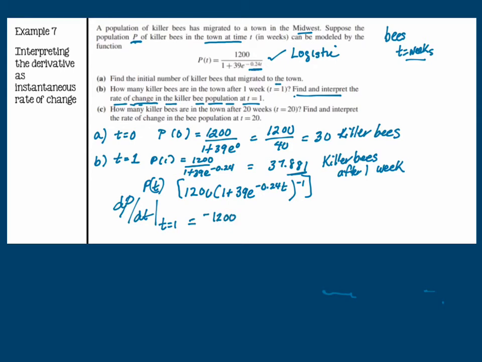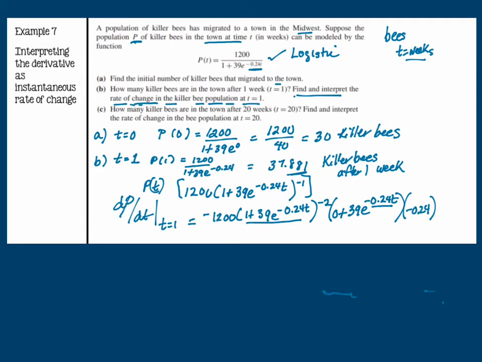Negative 1 going in front of the 1200, times (1 plus 39e to the negative 0.24t) to the negative 2. And then we have to take the derivative of the inside, so that's times 0 plus 39e to the negative 0.24t, times negative 0.24.